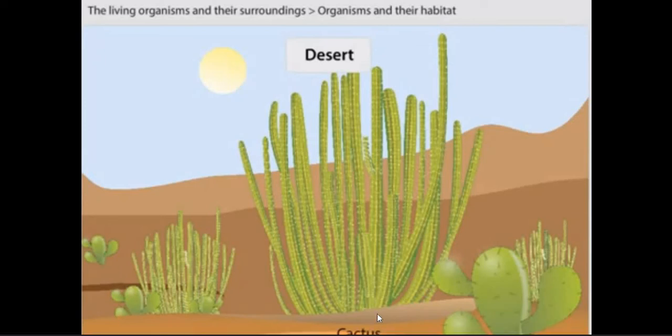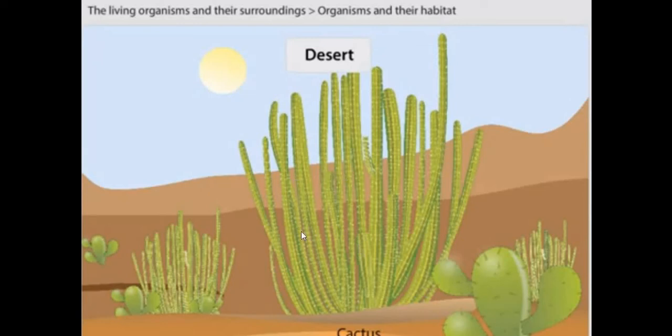Now comes cactus. Cactus are the desert plants. You might notice that they don't have usual leaves. Remember, in the chapter Plants and Photosynthesis, we learned how plants remove excess water from their leaf holes called stomata.